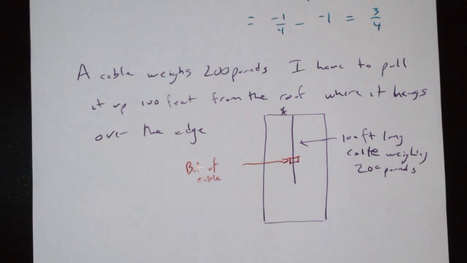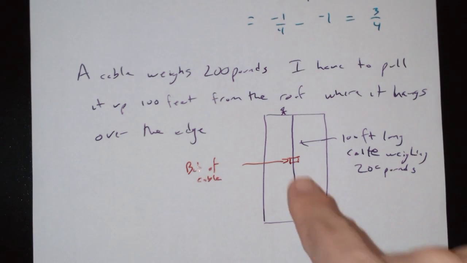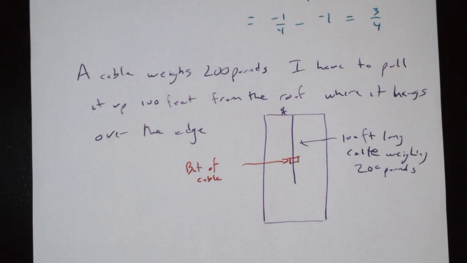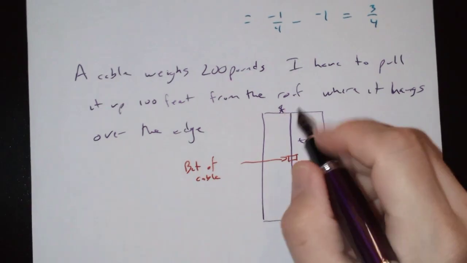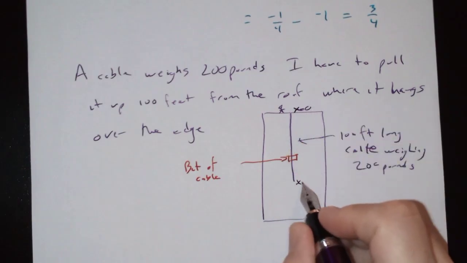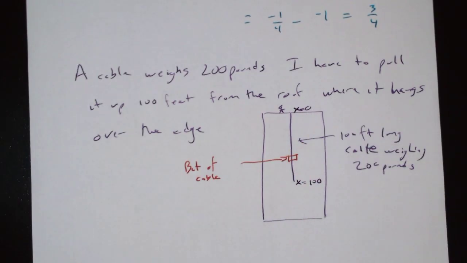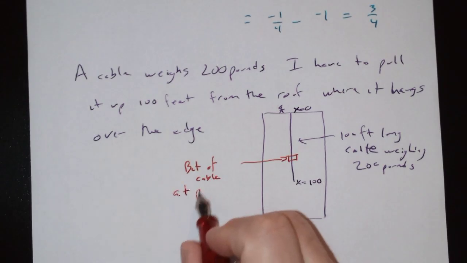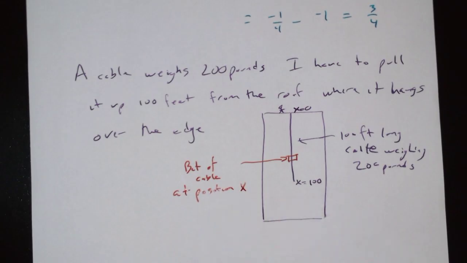I know the whole cable is 100 feet, which means I could think of the roof as point 0 and the bottom of the cable as point 100. I don't know where this particular bit of cable is, so I'll give that an X value.